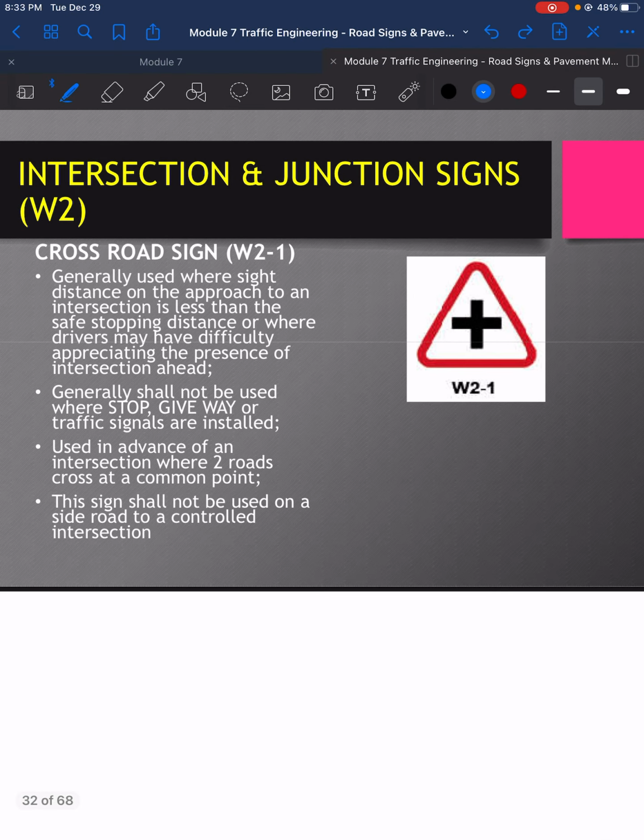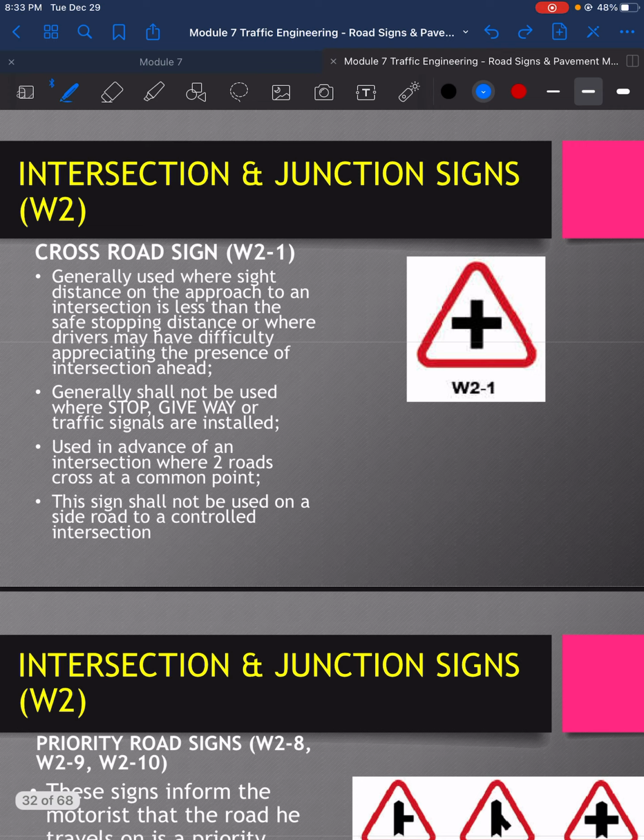This is the crossroad sign, W2-1, generally used where sight distance on the approach to an intersection is less than the safe stopping distance, or where drivers may have difficulty appreciating the presence of intersection ahead.